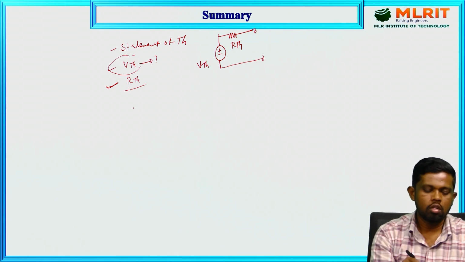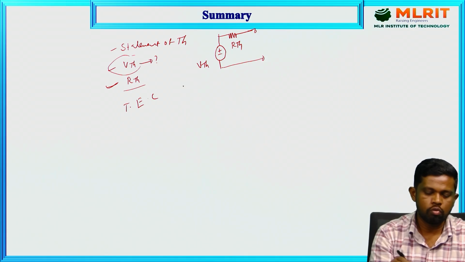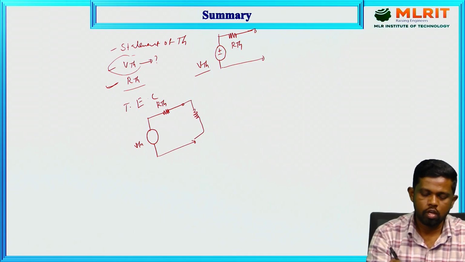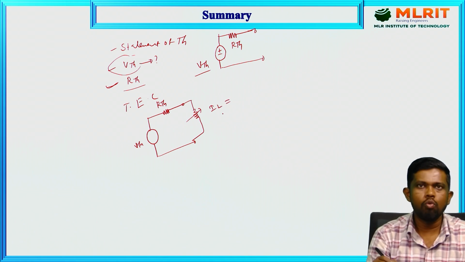Then we need to draw Thevenin's equivalent circuit with the help of VTH and RTH. This is VTH, this is RTH, and the load resistor we removed earlier, we connect here. Then by using this, we find the required element voltage and current value.